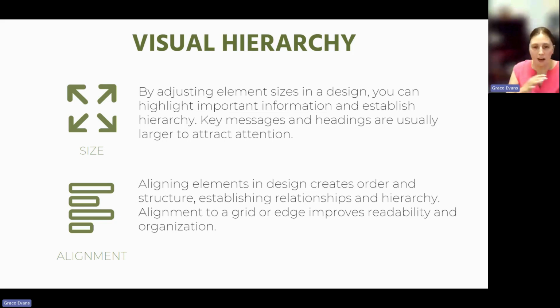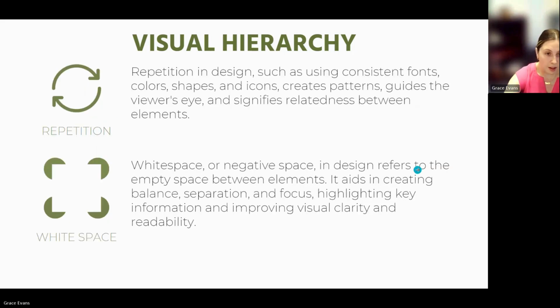Maybe reevaluate how you're separating information, because changing the alignment often just makes things look off. Next is repetition in design, such as using consistent colors, shapes, and icons, creates patterns, guides the viewer's eyes, and signifies relatedness between elements.